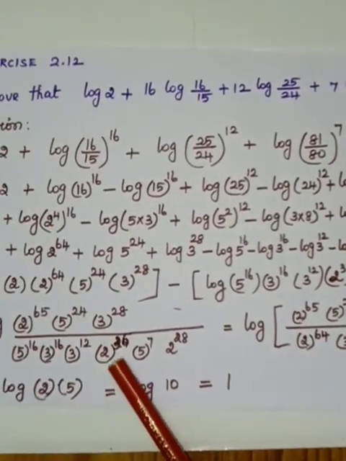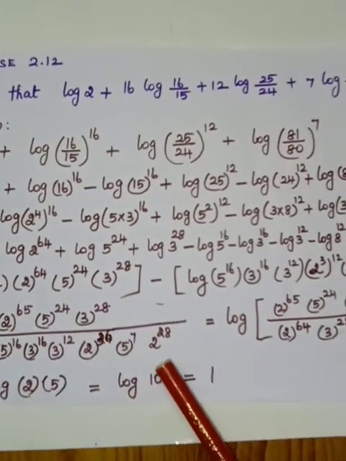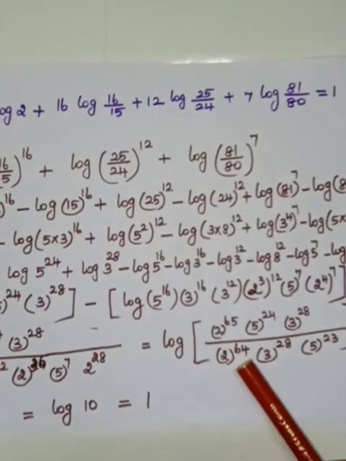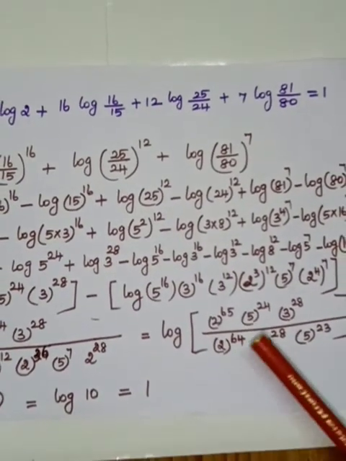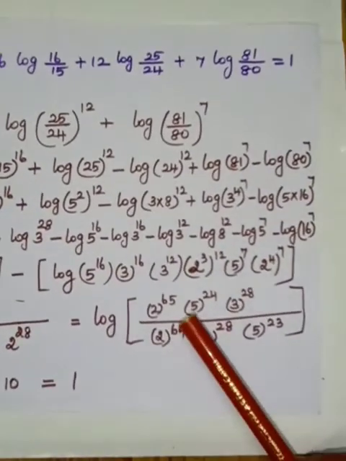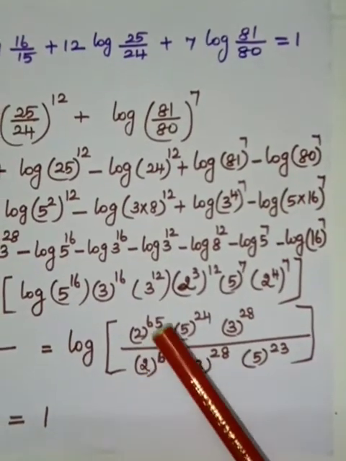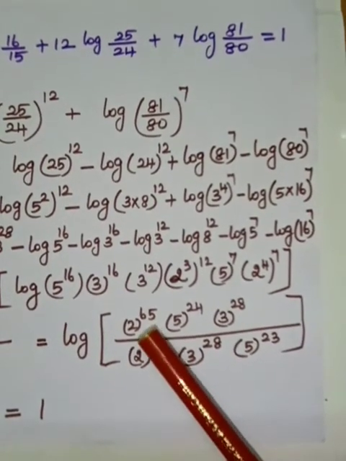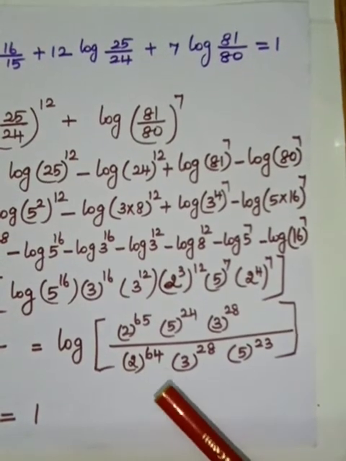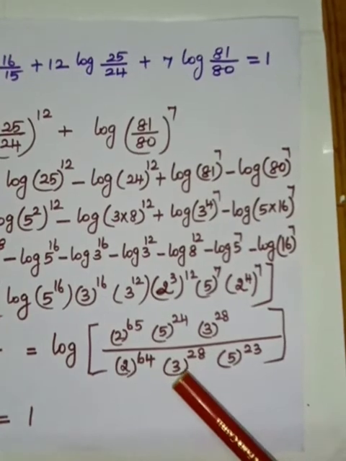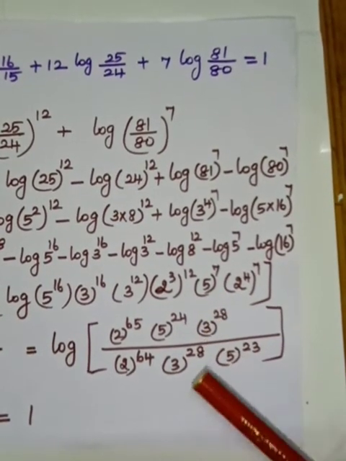And the next one, 2 power 36, here 2 power 28. When you add, it will be 2 power 64. Okay, you see that this term 2 power 65, here it is 2 power 64, getting cancelled. So the numerator you are having only 1 power of 2, that is 2 alone is here. In the same way, 3 power 28 and 3 power 28 getting cancelled.